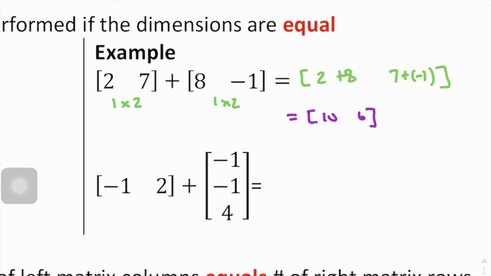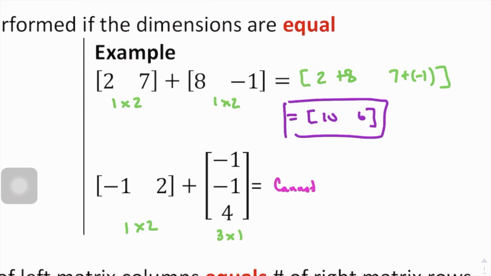So there's my final answer. On this next one, I have a 1 by 2 and a 3 by 1. Cannot do the addition here. So we'll simply say cannot perform operation, because the dimensions aren't the same.